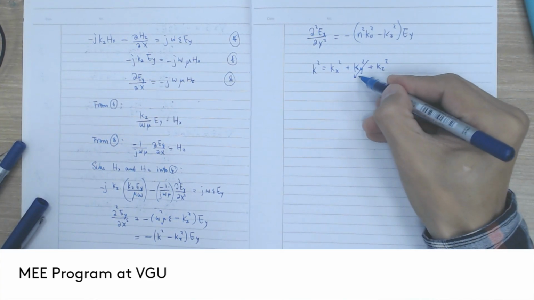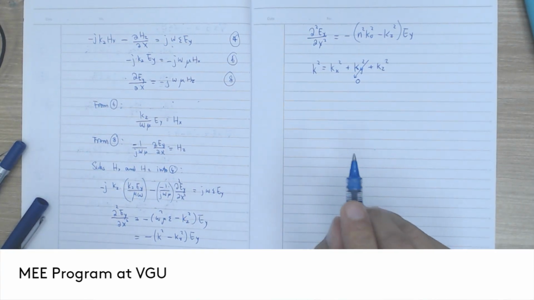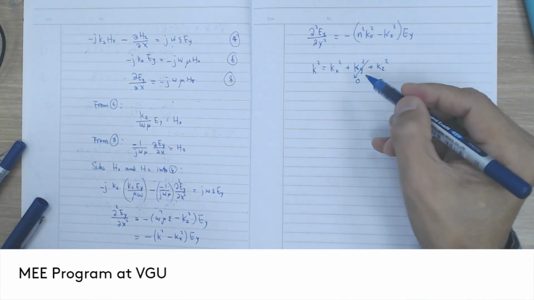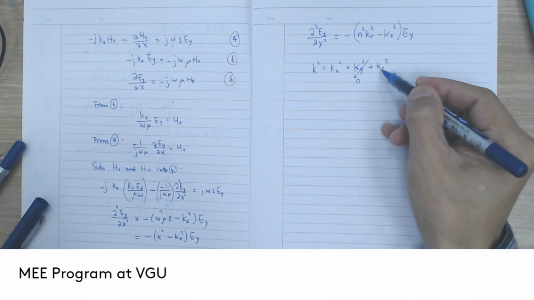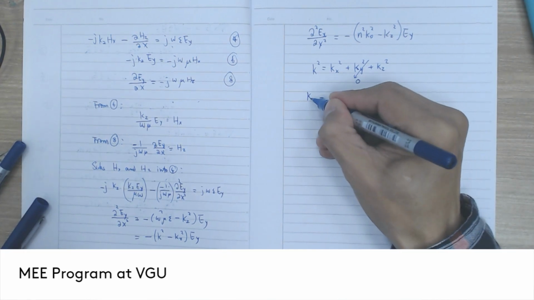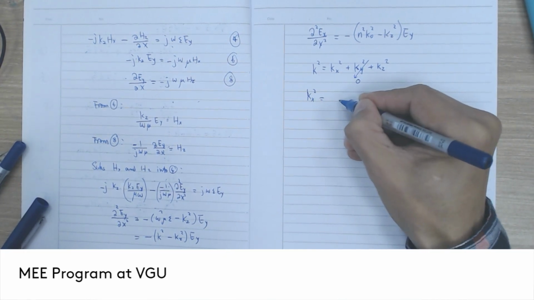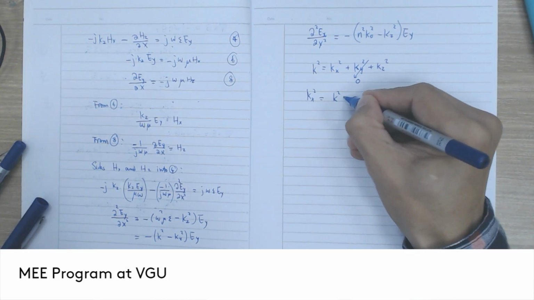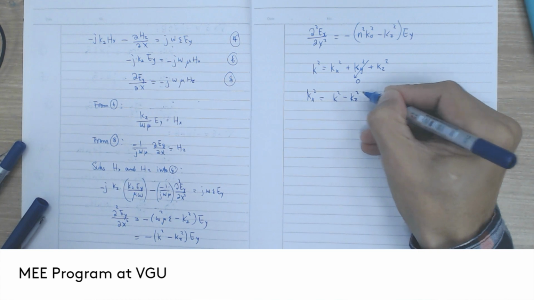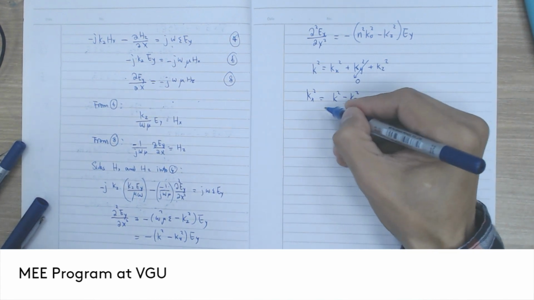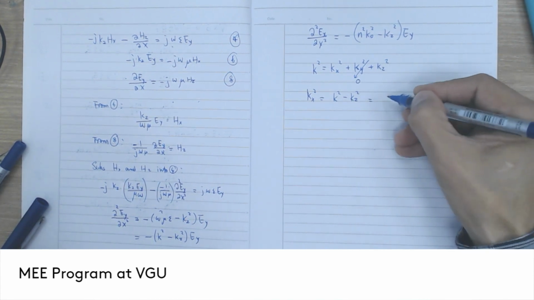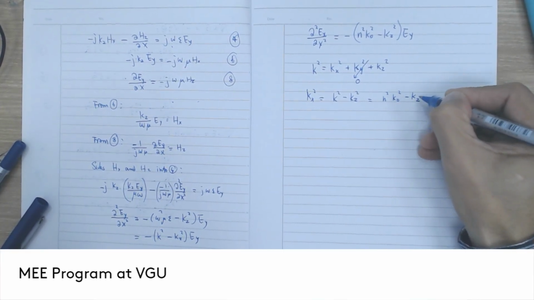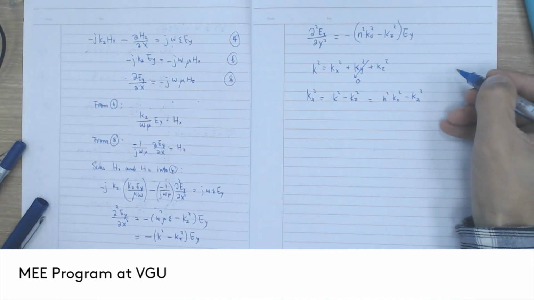This one, we know it is 0 because there is no variation in the y direction. And based on the information here, I can say k of z square is equal to k square minus kz square. So this is what we get.